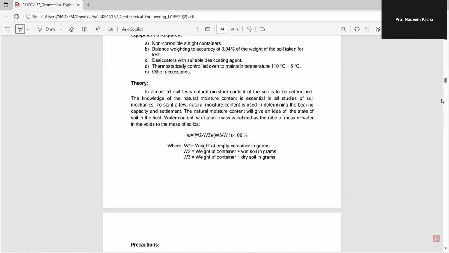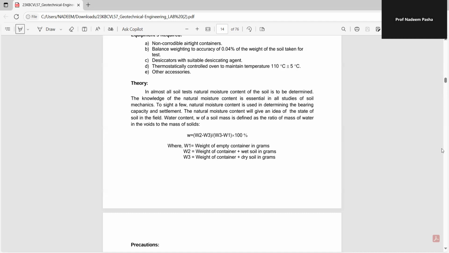In terms of percentage, we are determining the water content. W1 is the weight of empty container in grams. W2 is the weight of container plus wet soil in grams, and W3 is the weight of container plus dry soil in grams. W1 here is also the same, the weight of empty container in grams. But W2 is changing: weight of container plus wet soil in grams. And W3 is the weight of container plus dry soil.